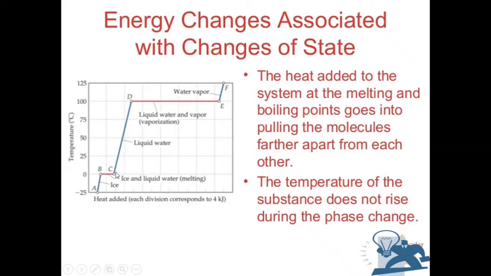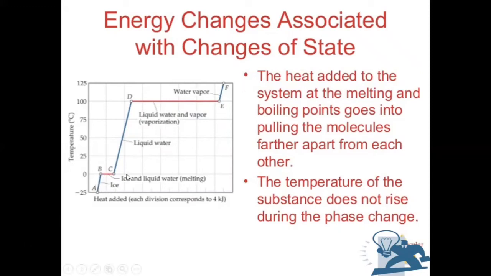When ice melts, you will notice here, hindi nag-change yung kanyang temperature. Paano natin malalaman na nag-change yung temperature niya? Yan, from this point up to this point, from negative 25 to 0. That is solidification.